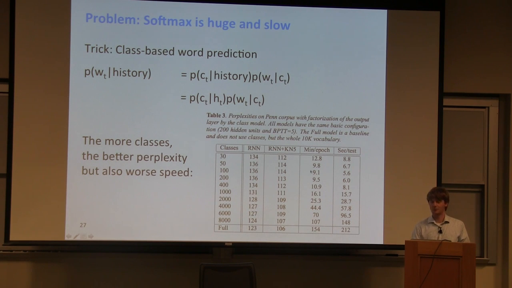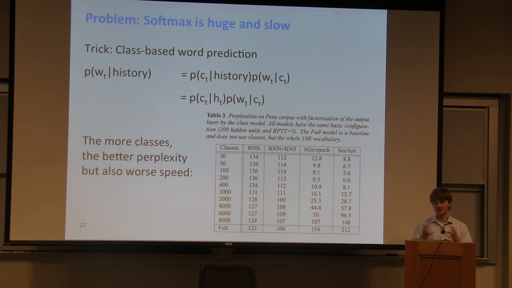The minutes per epoch are much smaller if you have fewer classes, and as you have more and more classes, it gets slower and slower again. Likewise at test time, but your perplexity also suffers and the model works slightly less well.